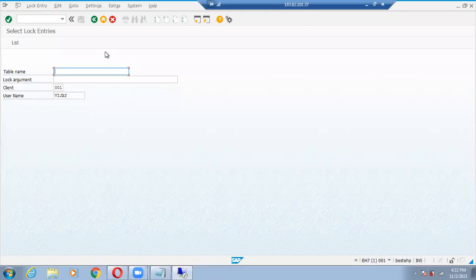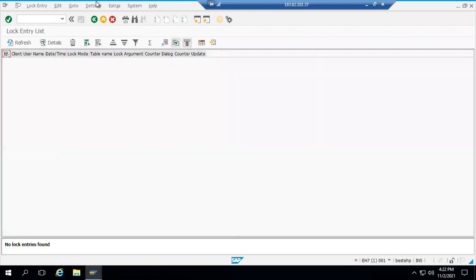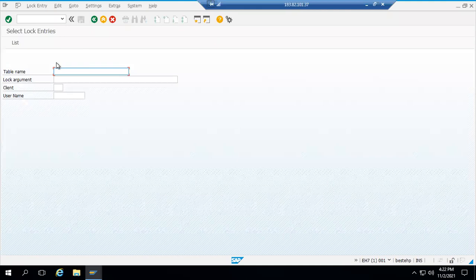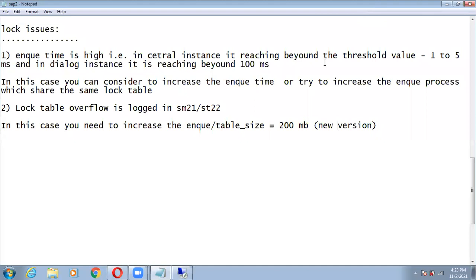Right. One, you need to check the statistics, and another is you need to check the usage. Okay, top capacity, use, current, and you can check the history also.